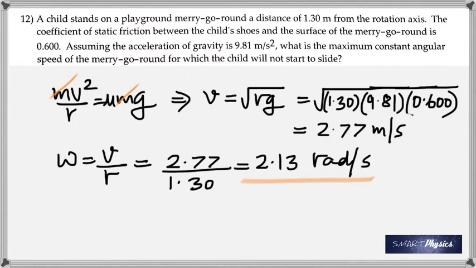There should be a mu there, which I have to include, and that's what you find here, mu times the radius times g, which gives the velocity as 2.77, and then angular speed is linear speed by radius. So linear speed divided by the radius gives you the angular speed, which is 2.13 radian per second.